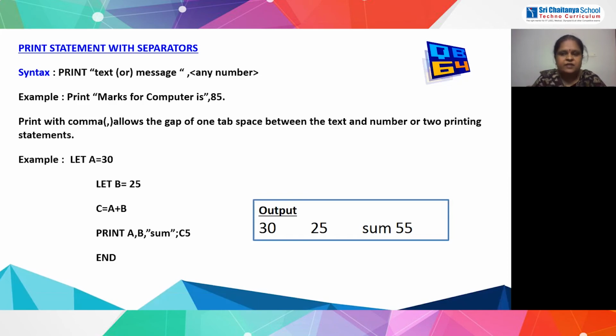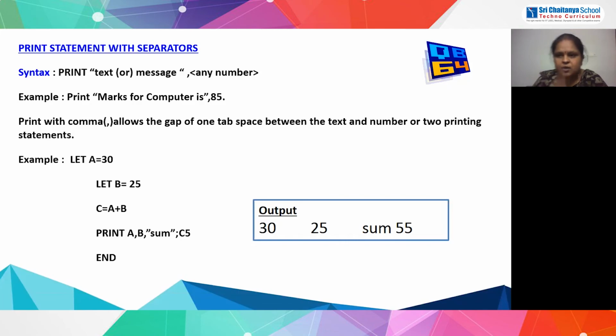You know what is the difference between this semicolon and comma I have placed here? Yes, that is what we have to learn. A comma is used between two variables while printing to give one tab space. You all know the tab space, right? Once you press a tab, it leaves some particular gap, right? So to leave that gap, they are using a comma here.